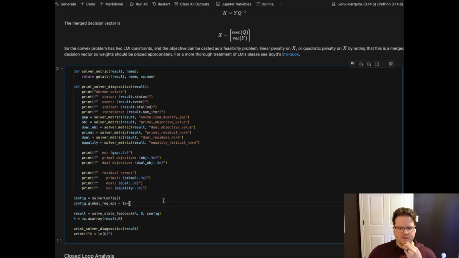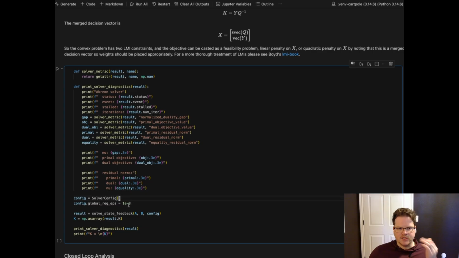The one thing at the moment is this global regularization epsilon. I have it set to 1e minus 8. By default, it's 1e minus 12. Part of this problem is ill-conditioned somewhere, so I applied Tikhonov regularization, a little bit more of a dynamic stepping thing.